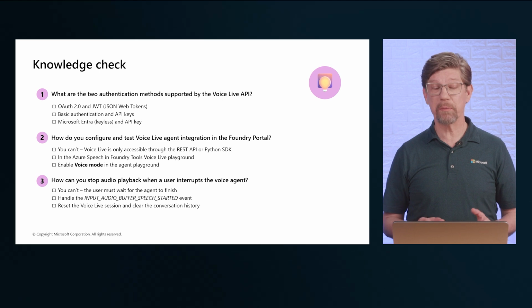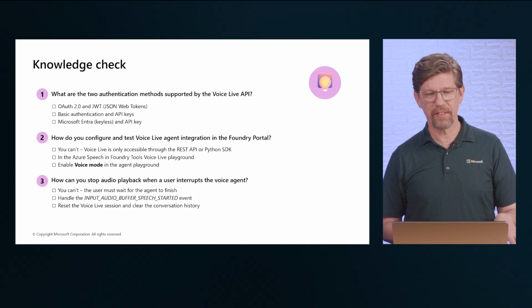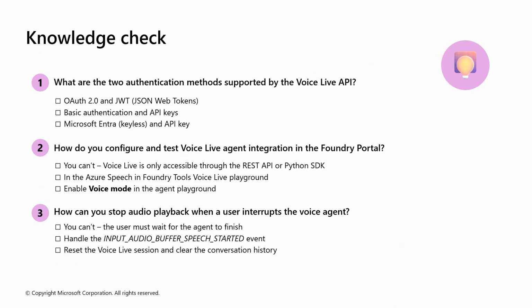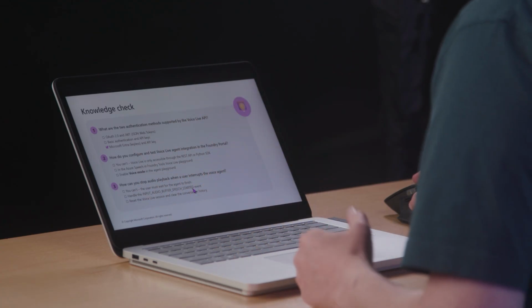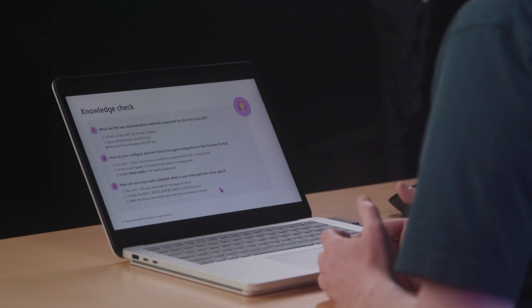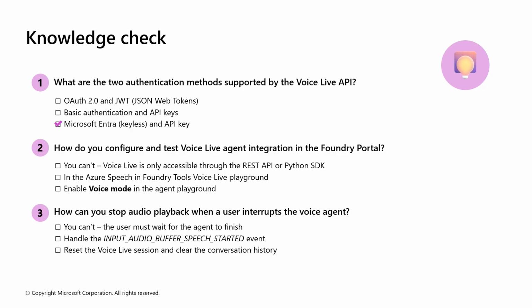So let's see how much you remember. What are the two authentication methods supported by Voice Live API? Hopefully at this point, you're seeing the patterns develop. That's Microsoft Entra ID and/or an API key. How do you configure and test Voice Live agent integration in the Foundry portal?